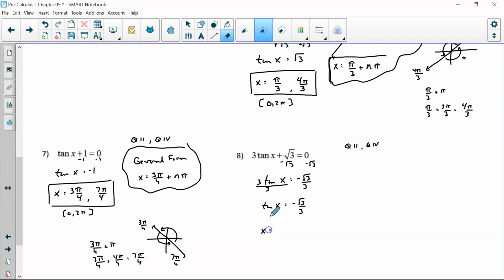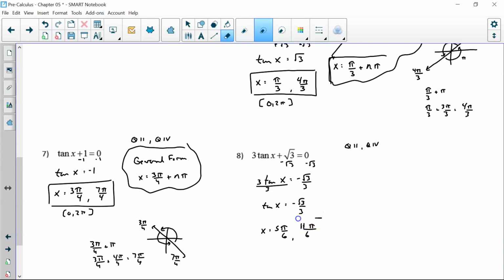Now, whenever we see tangent equaling root 3 over 3, that's going to be at our pi over 6's. To get us into quadrant 2, 5 pi over 6. And then to get us into quadrant 4, 11 pi over 6.